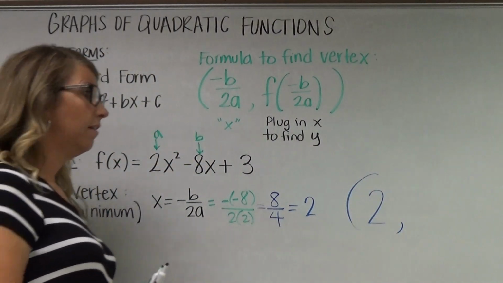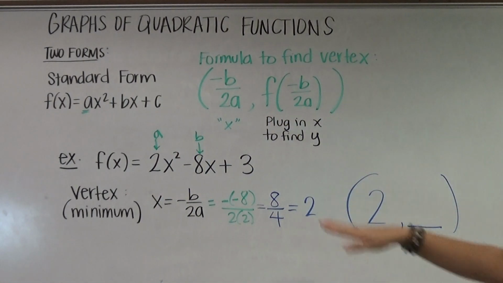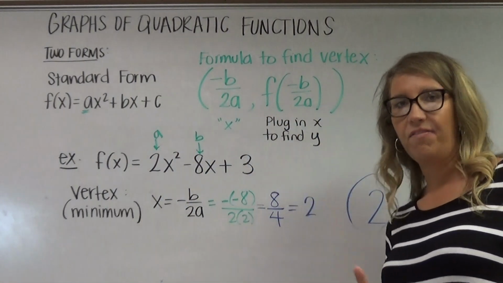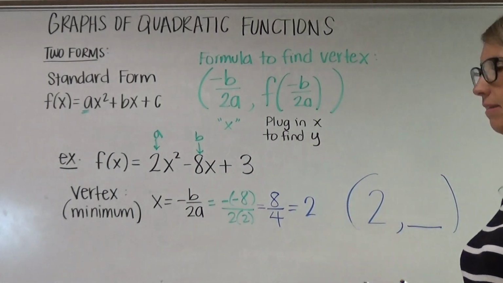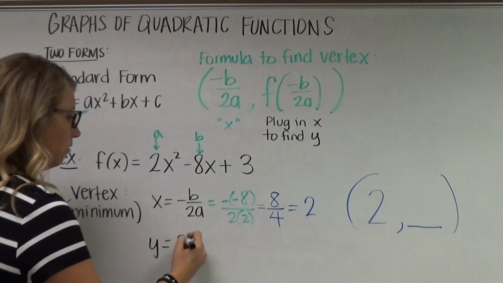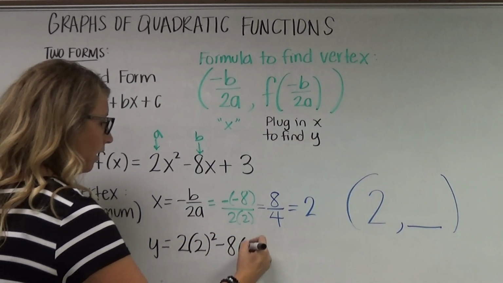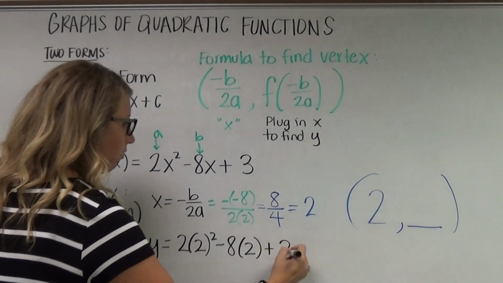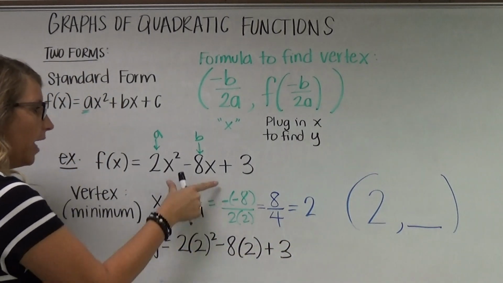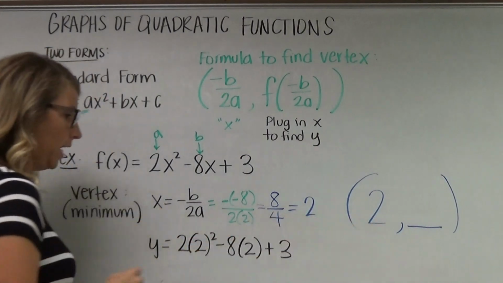But I'm not done yet. I also have to find the y that goes with it. So we plug in x to find y. My x is 2. So y is equal to 2 times 2 squared minus 8 times 2 plus 3. I replace both the x's in this formula with 2's because that was my x.